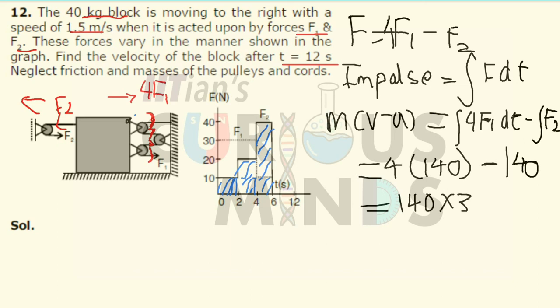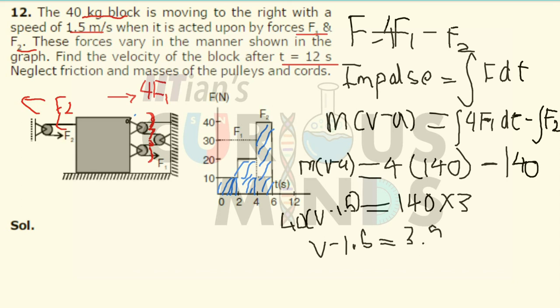Now, the impulse is equal to m(v minus u). The mass over here is given as 40. The final velocity, I do not know the value. The initial velocity is 1.5. So v minus 1.5 will be equal to 140 divided by 40, which is equal to 14 by 4, which is equal to 3.5 into 3.